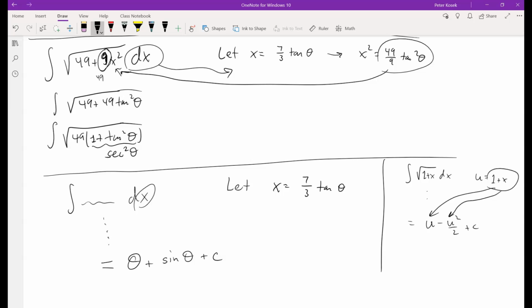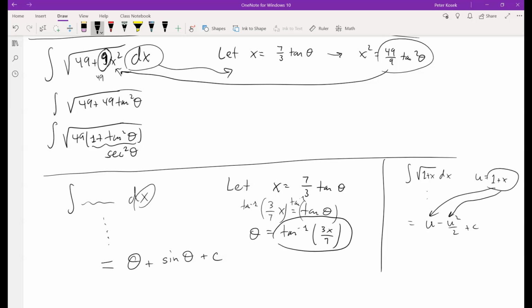Now, in this case, one of these is easier than the other, because to get theta by itself, I could multiply both sides by the reciprocal of this, so I'll have 3/7 x is equal to tangent of theta, and then I could do tan inverse to both sides. So I see theta is equal to tan inverse of 3x over 7.